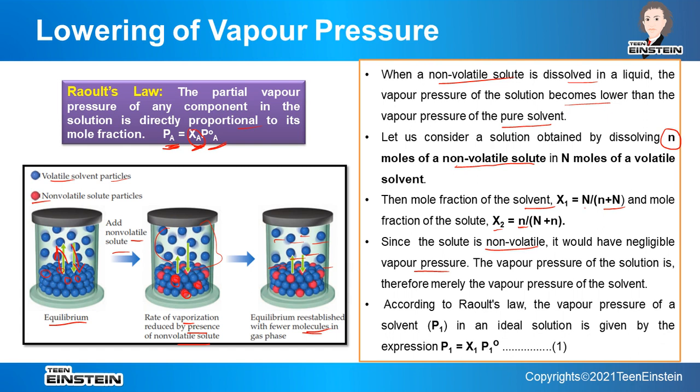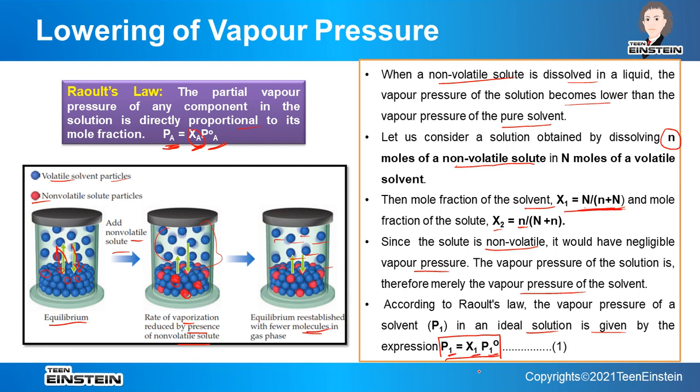So the vapor pressure of the solution is only because of the vapor pressure of the solvent. And according to Raoult's law, the vapor pressure of a solvent in an ideal solution is given by this expression. Here 1 signifies solvent, and X1 is the mole fraction of solvent.